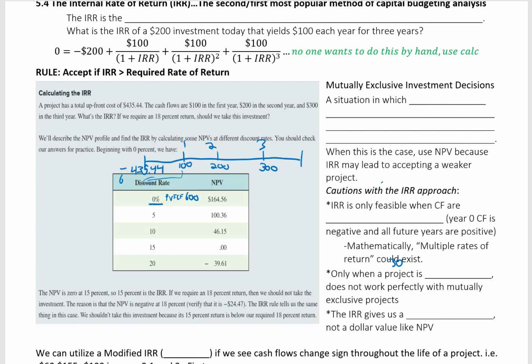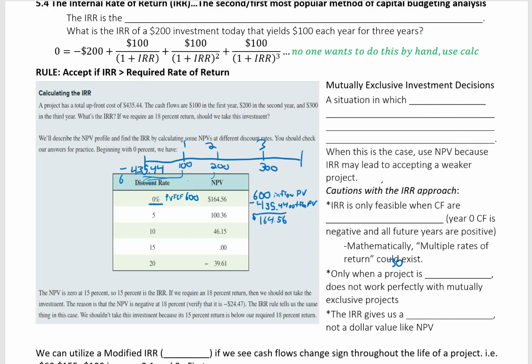Now, how did they arrive at this 164.56? Well, 600 inflow present value, minus 435.44 outflow present value, equals the 164.56.